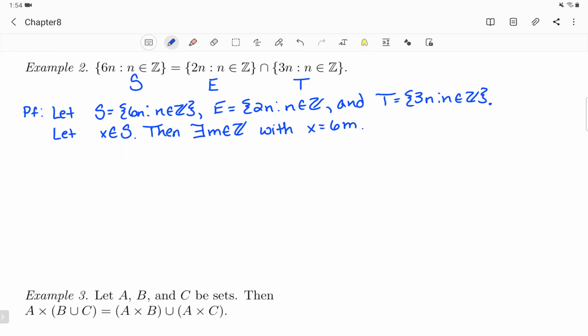I want to show that that's in E and T, right? It needs to be in the intersection, so it needs to be in both. What's it take to be in E? Has to be even, it has to be a multiple of 2. So say x equals 2 times 3m. What's it take to be in T? Multiple of 3. So I can rewrite that as 3 times 2m.